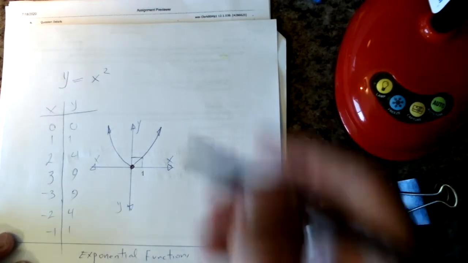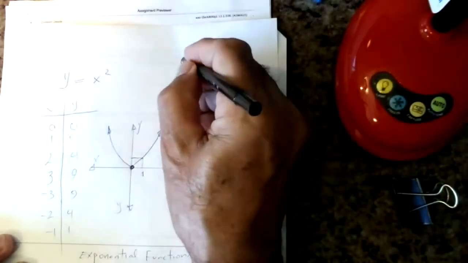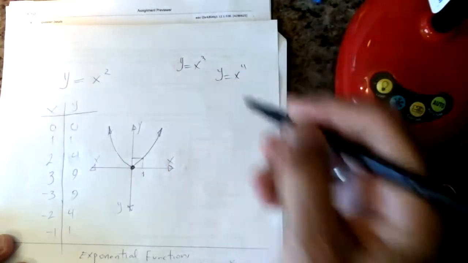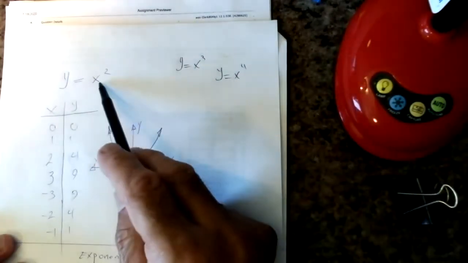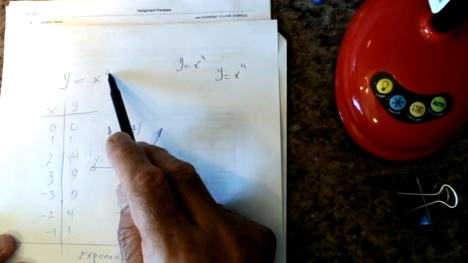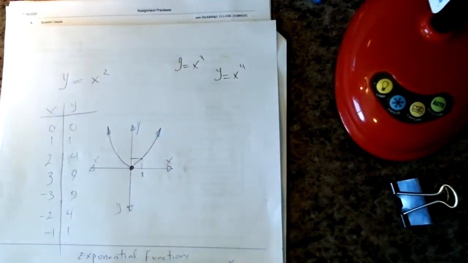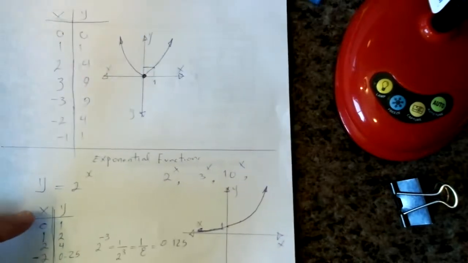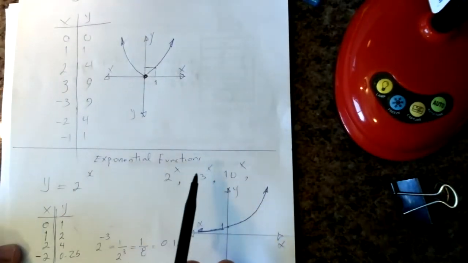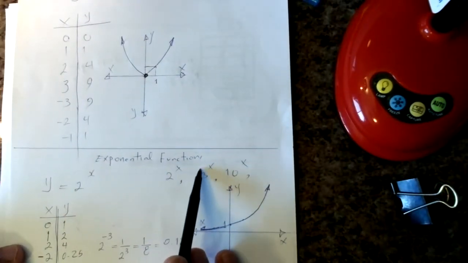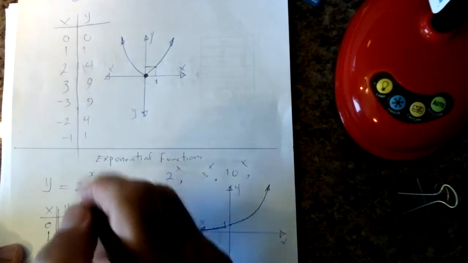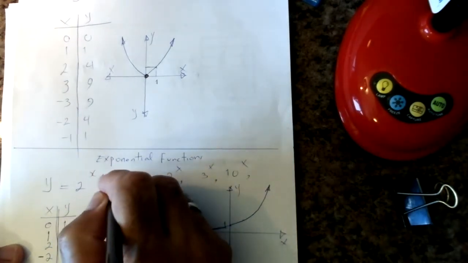Now, all the functions like y equal x^2, y equal x^3, y equal x^4, they all have the variable as the base and the number as the power. In chapter 12, there is a new function, they call it exponential functions. In these functions, the base is the number and the exponent is the variable. It's completely opposite.